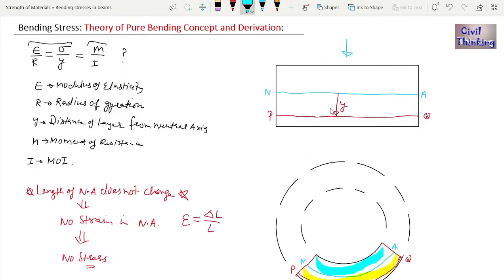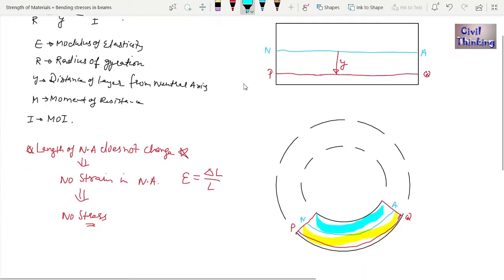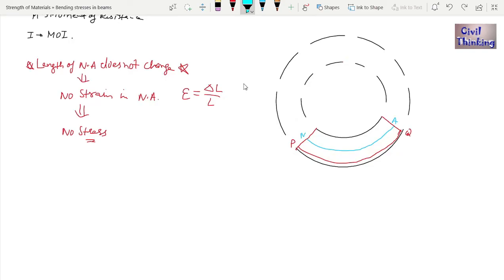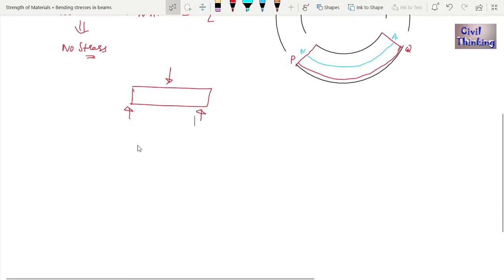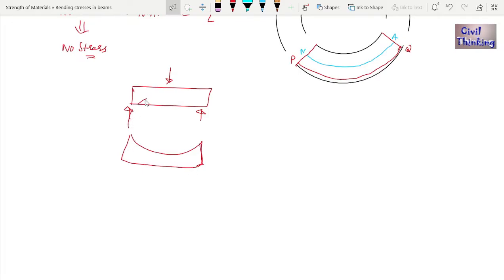Basically, let me draw something here. Suppose we have a beam here. When you apply a load on it, it will bend like this, and of course it is going to be a part of a circle, because that is the assumption. In reality, it is not part of a circle, but this is just an assumption.